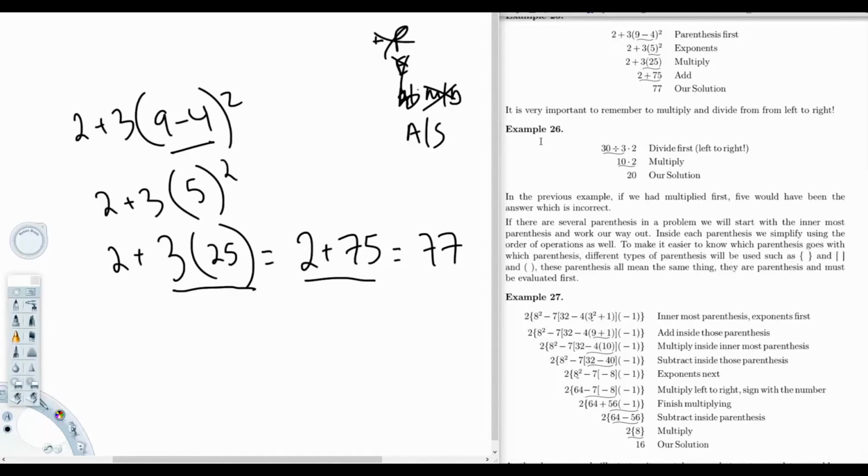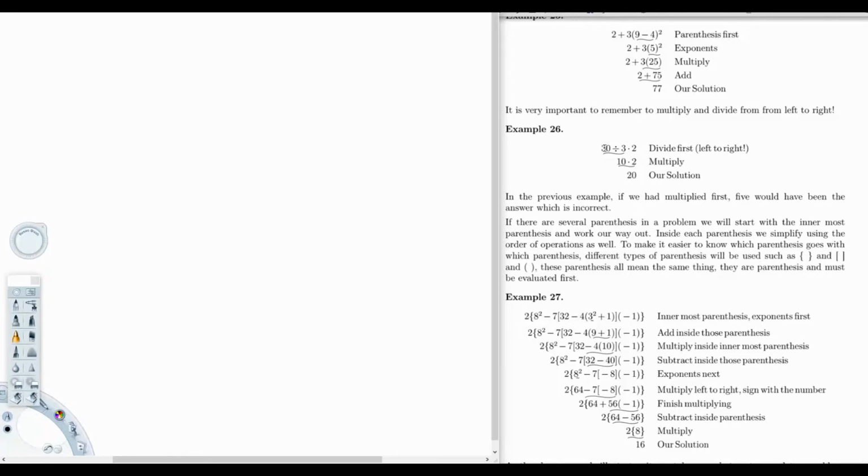Example 26: 30 divided by 3 multiplied by 2. So basically here it's multiplication and division. Let's take a look at this problem. All right, 30 divided by 3 multiplied by 2. Now we're going to do parentheses, exponents, multiply, divide, add, subtract, or divide, multiply, doesn't matter which order.